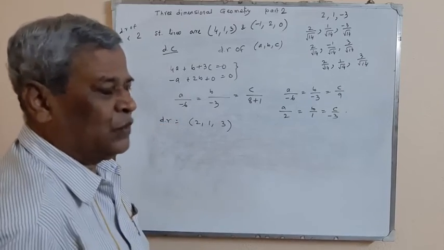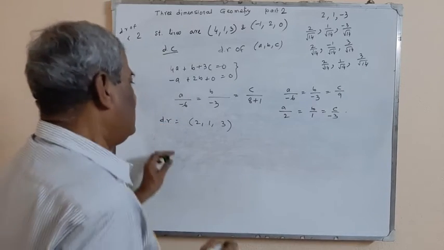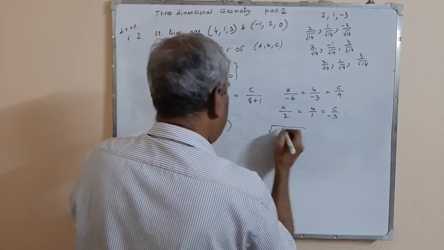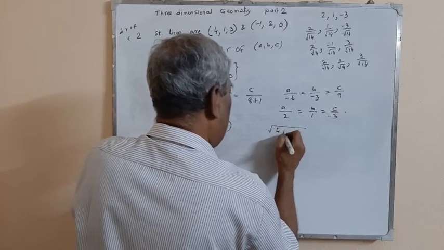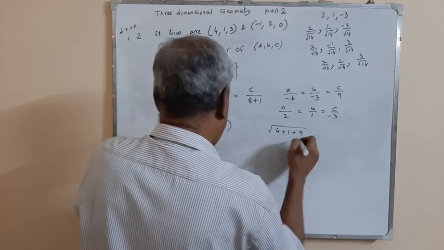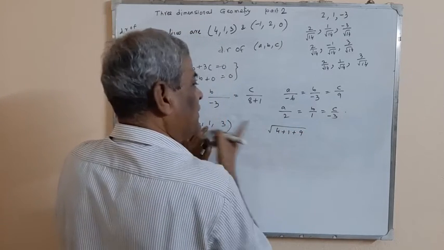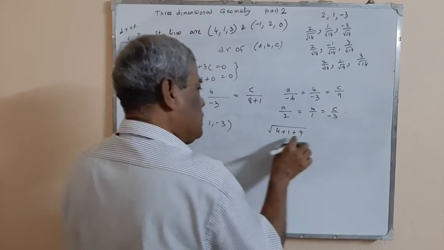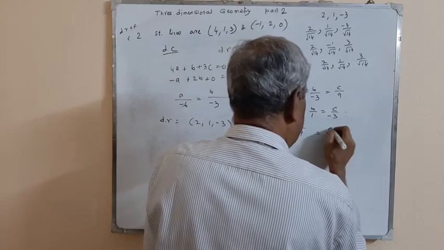From the direction ratio, we can calculate the direction cosine. Its magnitude is the square root of 4 plus 1 plus 9. Oh, one second, I made a mistake. Minus 3 whole square is 9. So root 14.